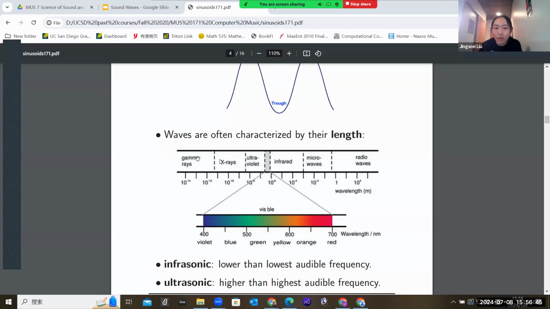So the wavelength is much shorter, but the frequency is higher. Remember, the relationship between the wavelength and the frequency is inversely proportional.